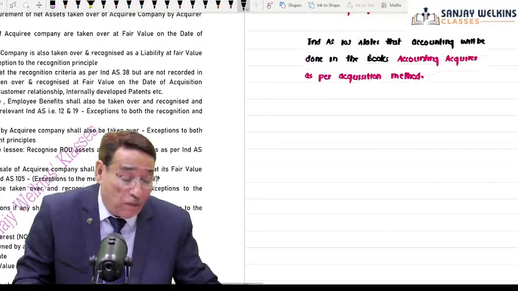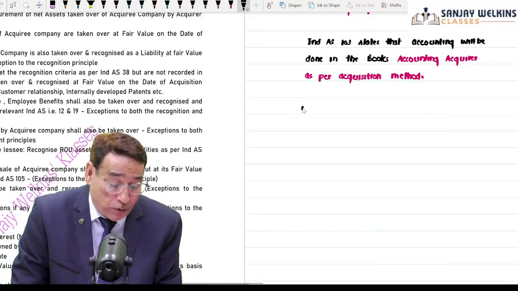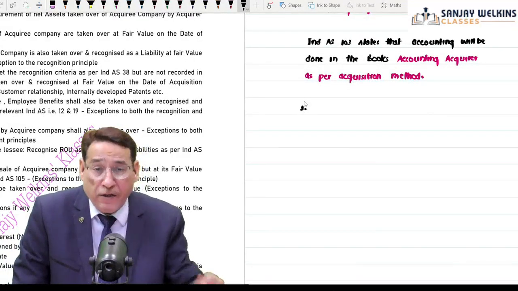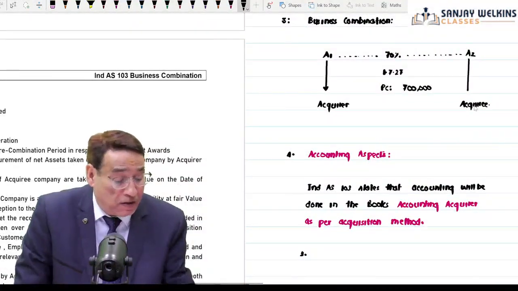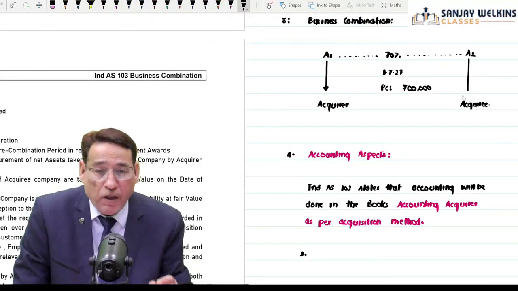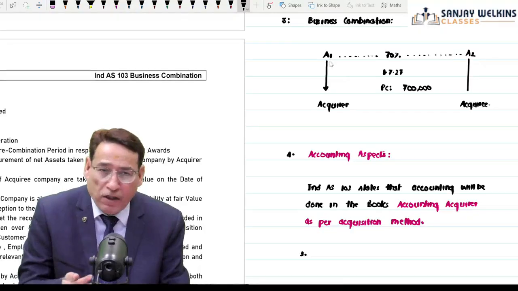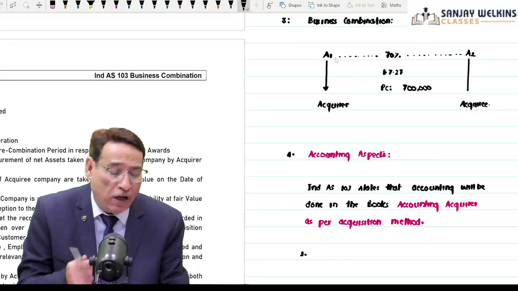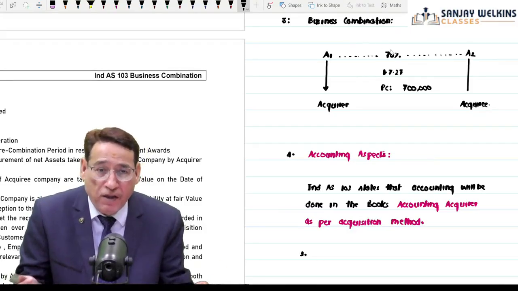Before we dwell upon that, as far as accounting aspects are concerned, let us say A1 has got 70% stakes in this particular entity. The important point is that A1 is the investor entity, because it is making an investment in the other entity, acquiring 70%.